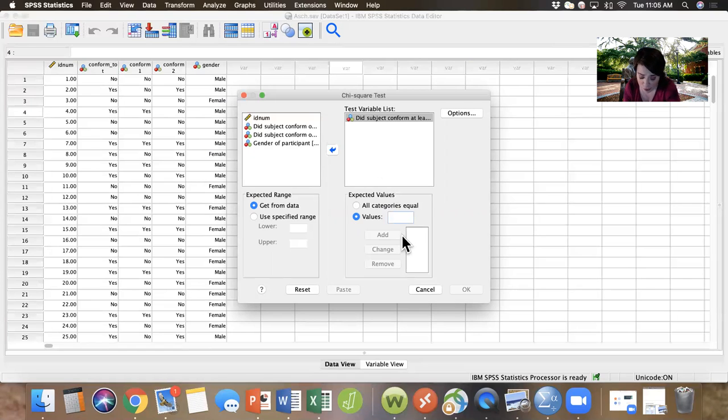So first, we need to put in 25% here, because if 75% of Asch's original study conformed, then 25% did not, and if they did not conform, the way they would be entered into SPSS is a no, which is associated with a 1. So we put 25 in here, and then 75 for yes.